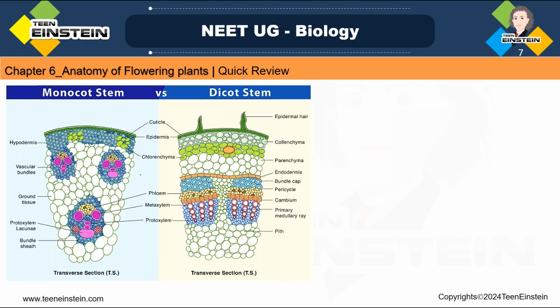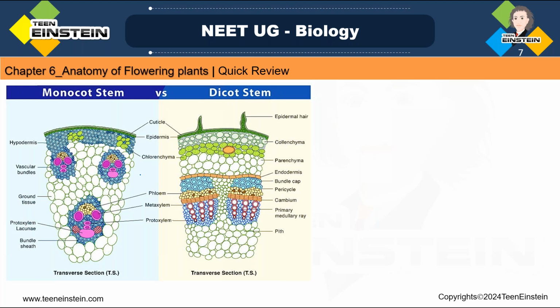Then the monocot root, dicot root, monocot leaf, dicot leaf, like that we are going to learn. So first, let's start with the dicot and monocot stem.